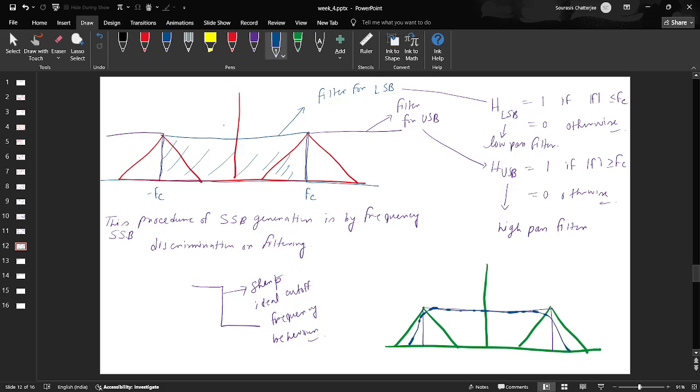From here, like this. Similarly, like this. So this part of the upper sideband is also included by the practical low pass filter, because you never have this sharp cutoff filter behavior, and these are called vestiges.